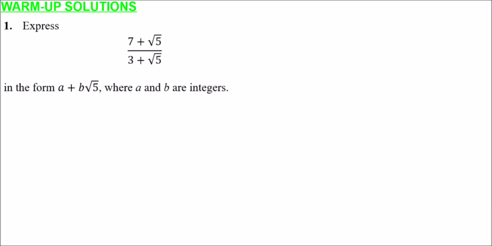So for question 1, we have this fraction which involves 3 plus root 5, and we need to express this in the form a plus b root 5, where a and b are integers. The key thing here is to realise that if we need to express it in this form, we've got rid of any denominator, and so this is a test of remembering, can you rationalise the denominator?